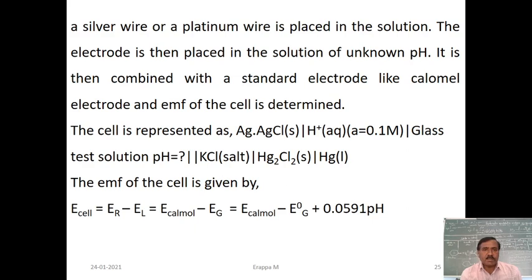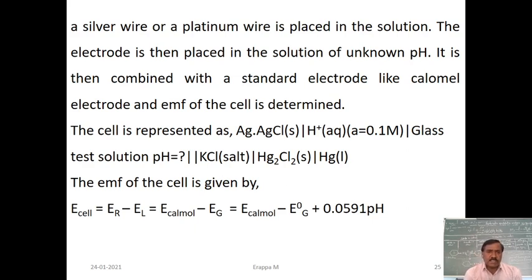It is then combined with a standard electrode like the calomel electrode, and the EMF of the cell is determined. The cell is represented as glass electrode, test solution, and calomel electrode, separated by means of a salt bridge.